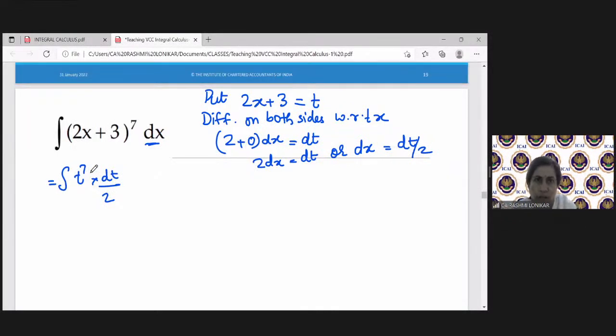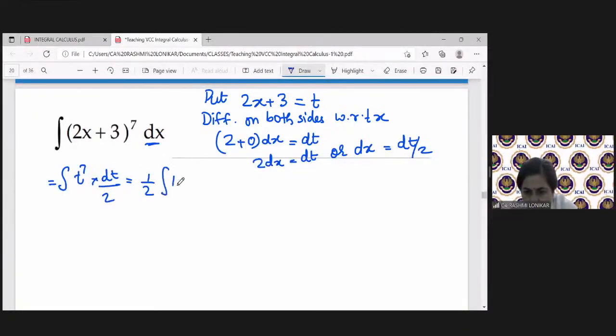If I have to make the changes, I have to make them throughout. So instead of dx, I have to write dx in terms of dt. This is nothing but 1/2, I take it outside the integral. This is equal to 1/2 integral of t raised to 7 dt.